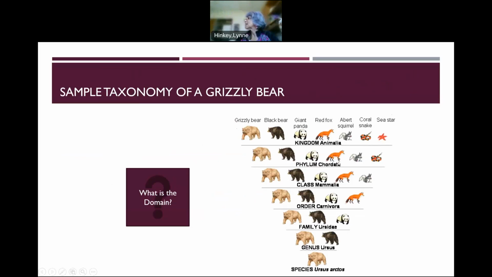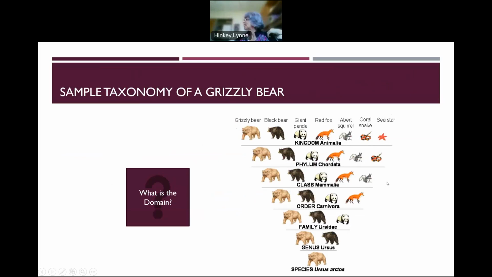So in our chordata, we're a little narrower. Then we're going to get to the class level, and now we are going to be in the class Mammalia. Our snake is a reptile, that is their class. They fall out. Mammals have in common that they have hair and females produce milk for their young.